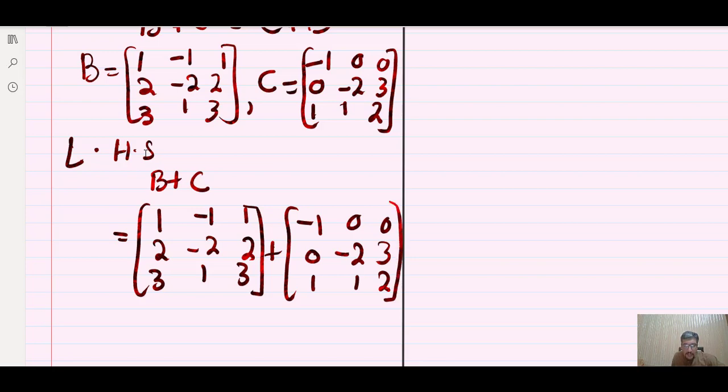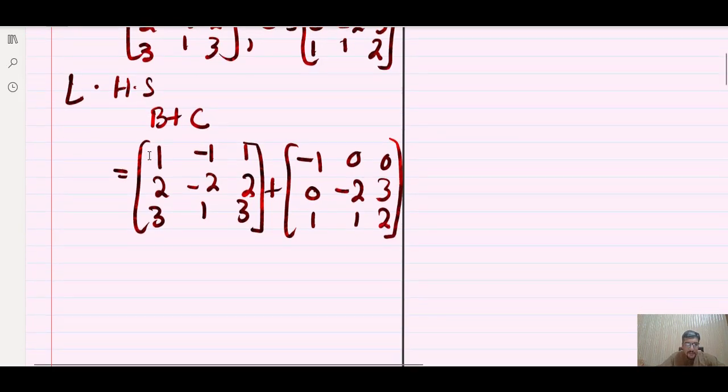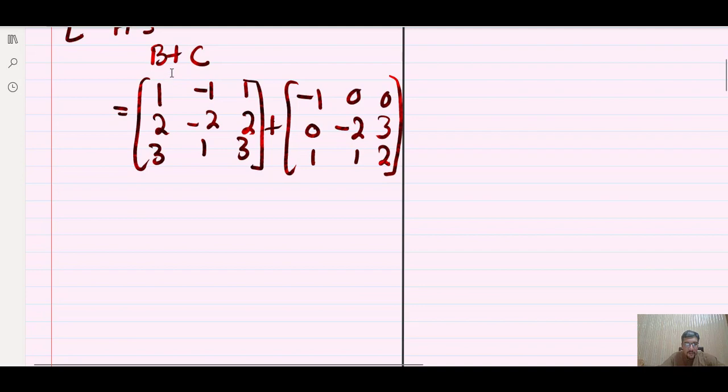Dear learners, in the previous lesson we discussed how we can add two matrices or more than two matrices. The order of the B matrix is the same as the order of the C matrix, so we will add the two matrices.